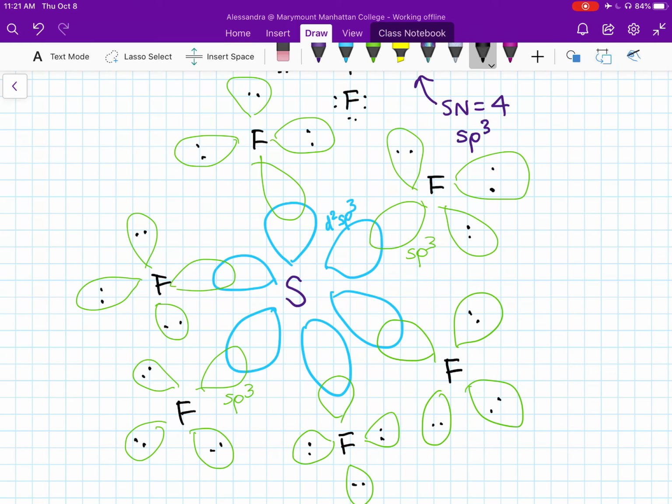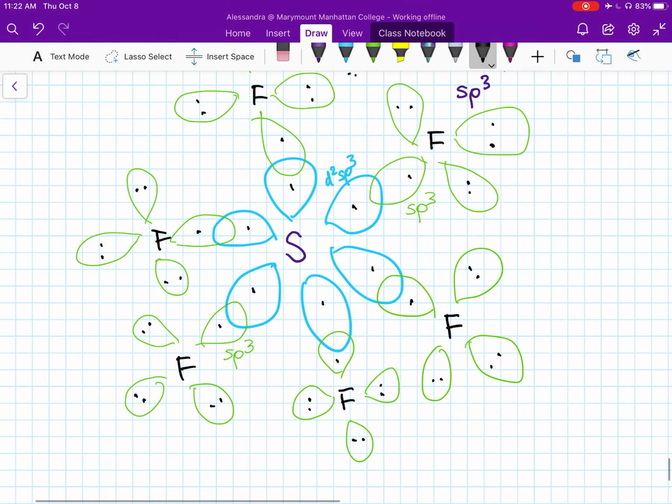The other electron on fluorine is going to be shared with the electrons on sulfur to make the covalent sulfur-fluorine bonds. So you can kind of imagine how that looks. So here is my pretty little localized electron model diagram for sulfur hexafluoride.